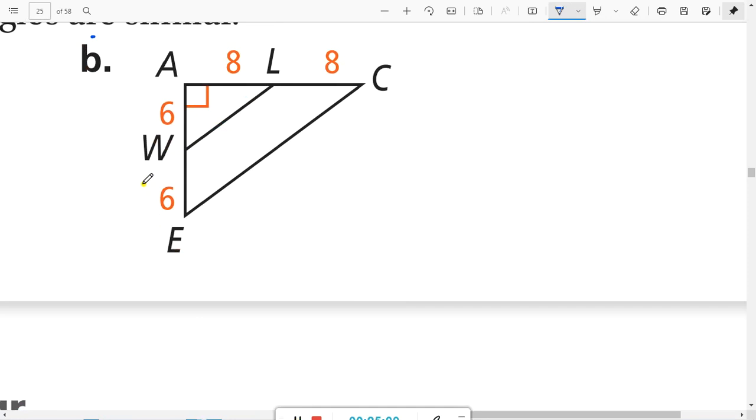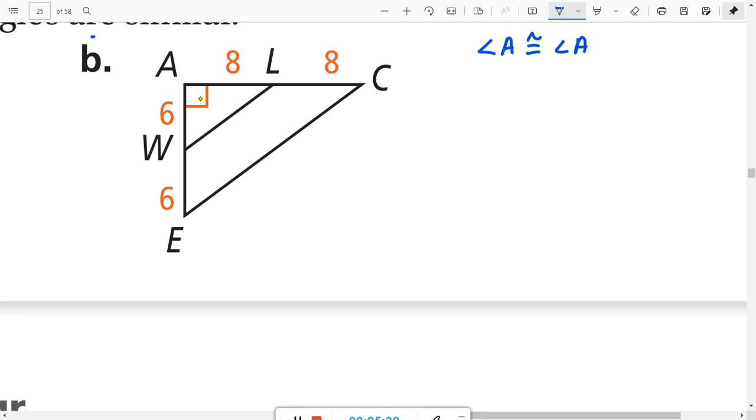Okay, please pause and see if you can do example, got it, problem 2B. Try to use SAS. Okay, in part B, we see that we have a small triangle inside a big triangle. Okay, both triangles use angle A. So we know that angle A is congruent to itself.